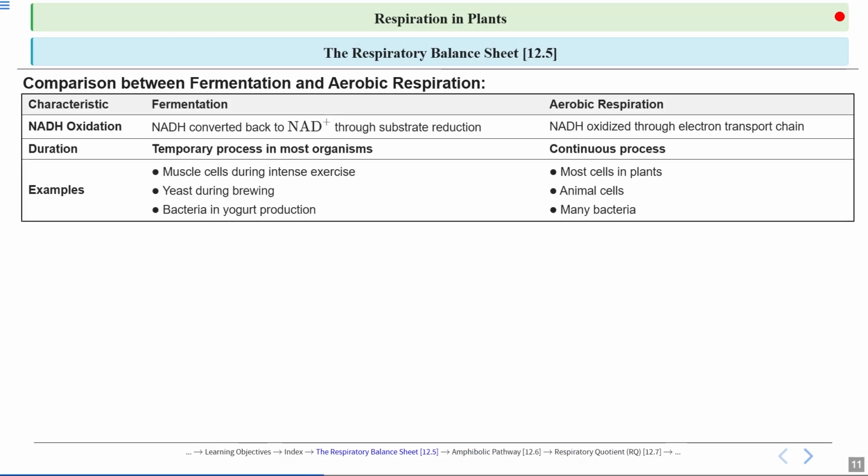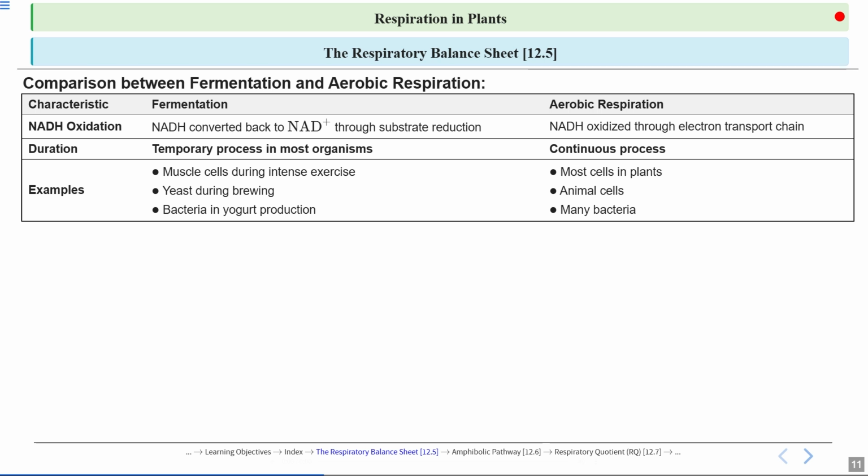Now let's look at some other differences. If we talk about NADH oxidation, NADH is converted back to NAD plus through substrate reduction in case of fermentation, whereas in case of aerobic respiration, this NADH is oxidized through the electron transport chain.